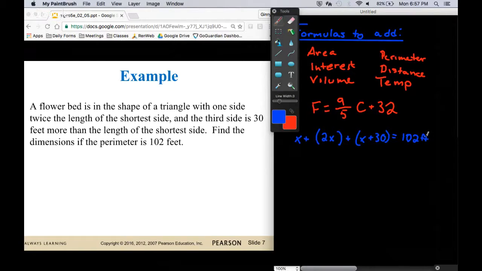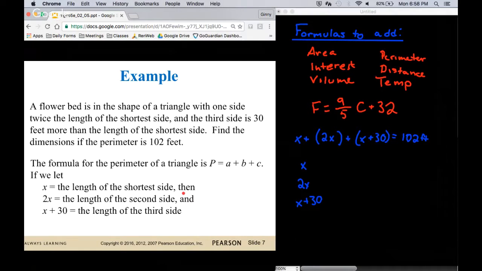Okay, so it tells you to find the dimensions. Find the dimensions. So what it's really wanting you to find is it wants you to find side 1, it wants you to find side 2, and it's going to want you to find side 3. So you're going to have 3 answers to this. All right, but the first thing you have to do is you're going to have to solve for x.